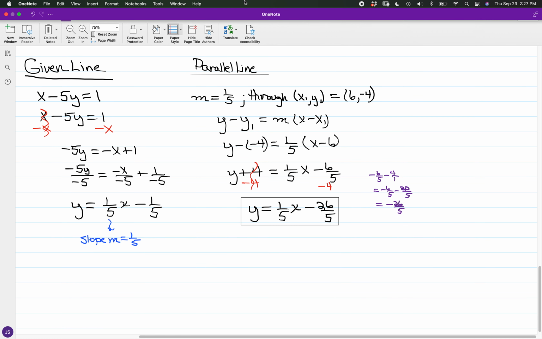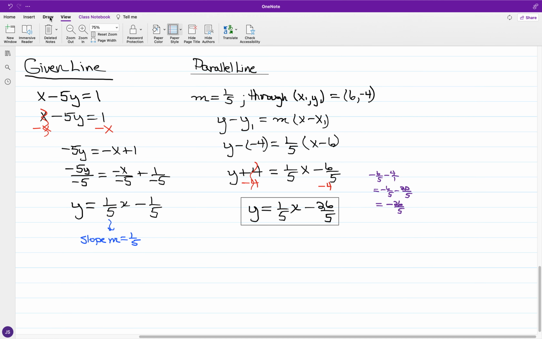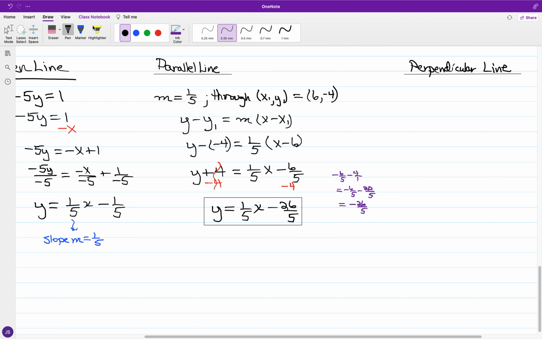And for establishing what we have for the perpendicular line, again, perpendicular lines will have opposite sign reciprocal slopes. So the given line has a slope of 1/5.